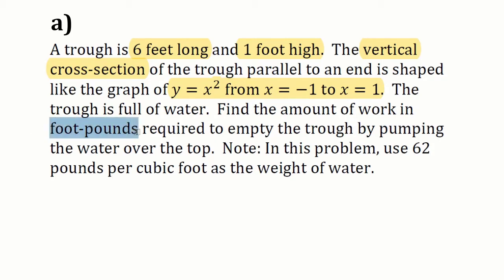Okay, so now it brings a sign that our problem here is being measured and calculated within the American convention, where we're using feet, and it's 6 feet long, 1 foot high, right? And then the work here, the amount of energy, is measured in foot-pounds right here. So find the amount of work in foot-pounds that's required to empty the trough, right? By pumping the water over the top. See, pumping out the water.